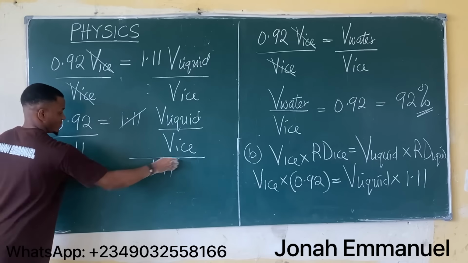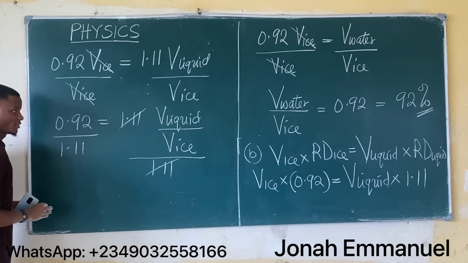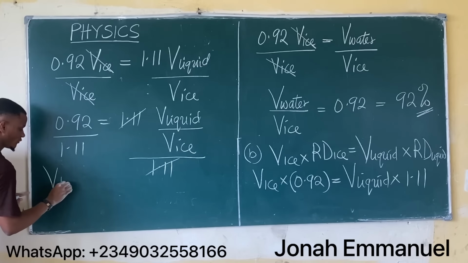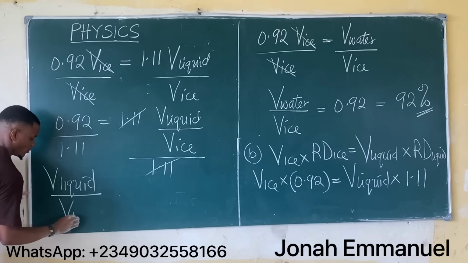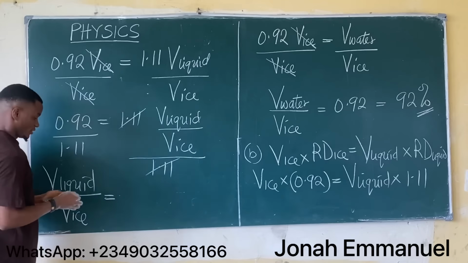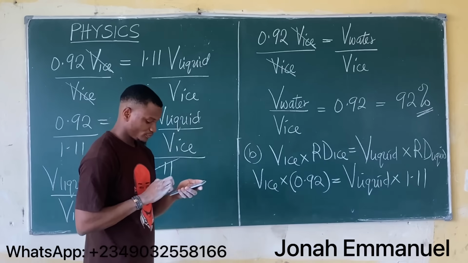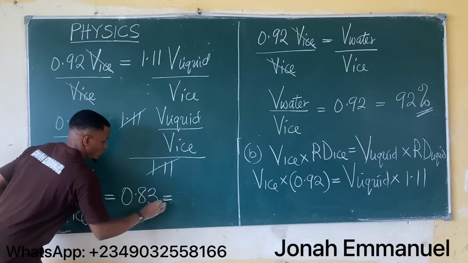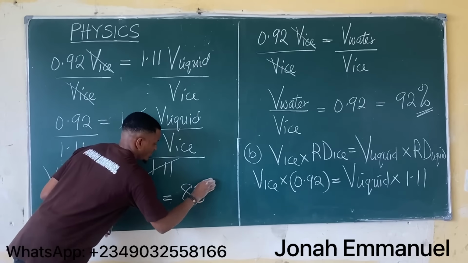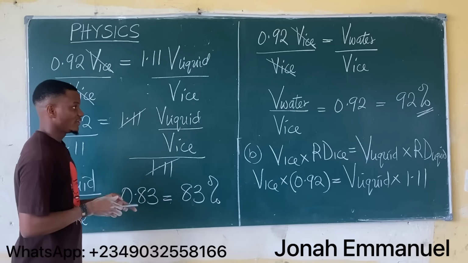So this will now cancel this. This is mathematically correct. So it means that volume of liquid all over volume of ice is equal to 0.92 divided by 1.11. That's about 0.83, which is equal to 83% in terms of percentage.